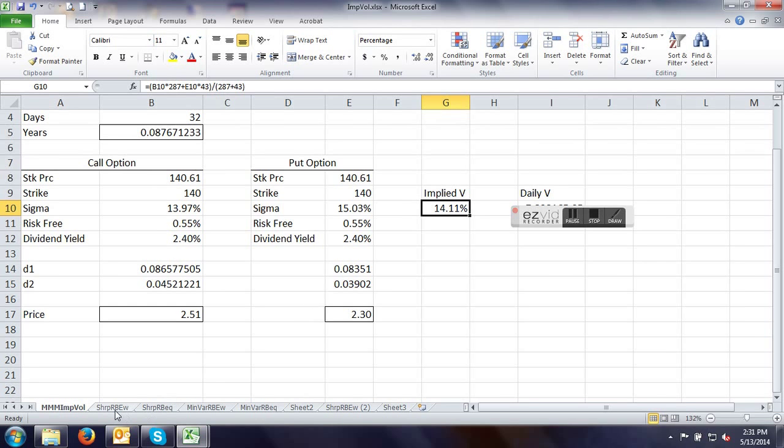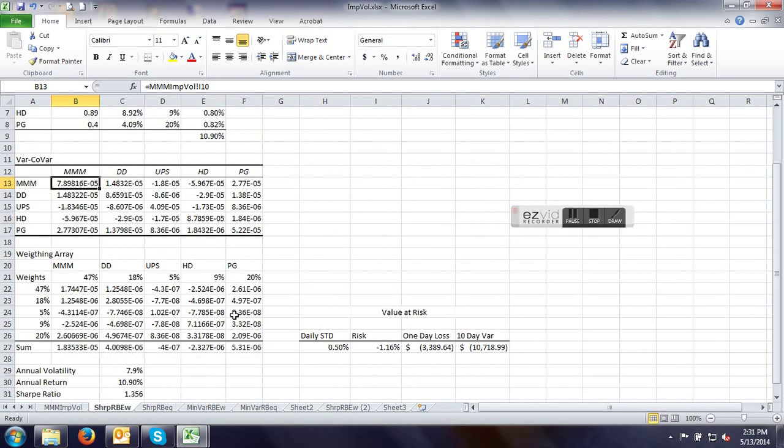I want to point out two other things real quick. When I sum up this column, this number right here is the total contribution of risk from 3M in my portfolio. So it's the risk of 3M plus the covariances.